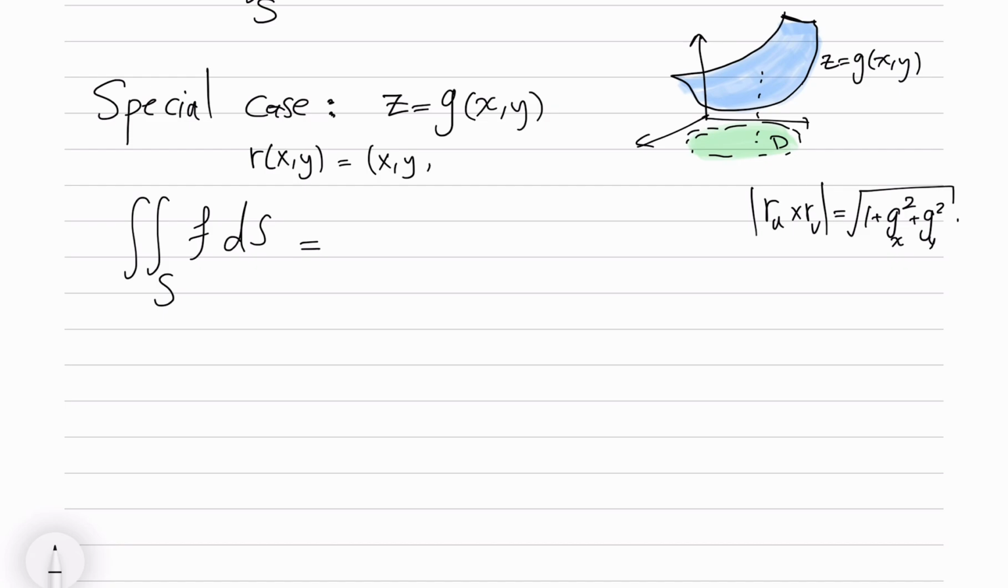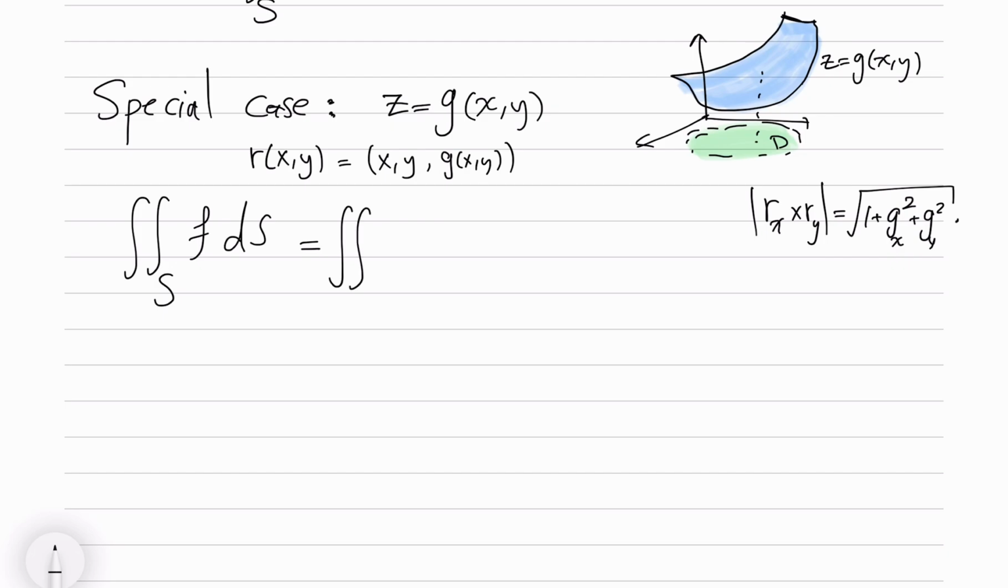So this is the parameterization, in the sense of having an r of u, v of this surface, and if you compute the partial with respect to x and partial with respect to y, cross product, take absolute value, you will end up with this.